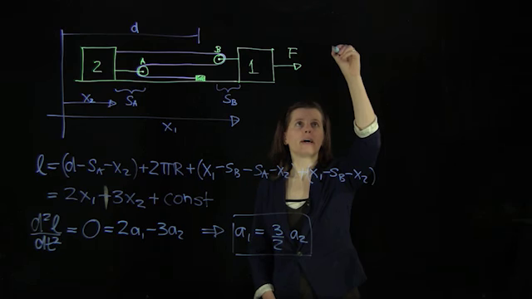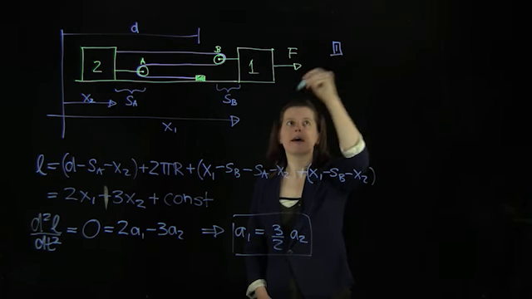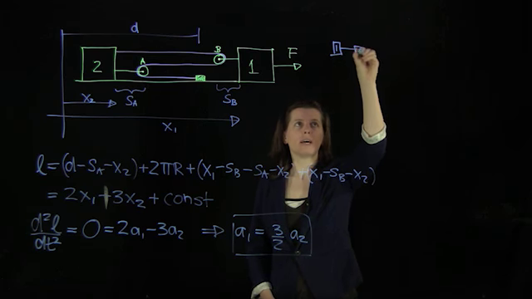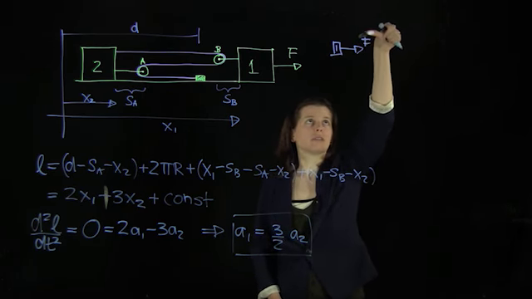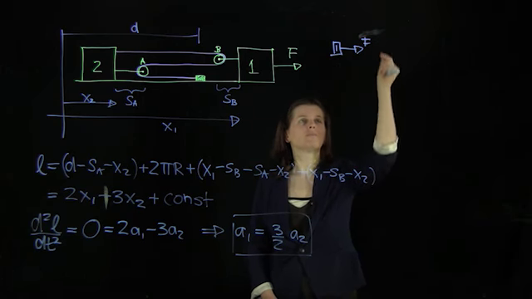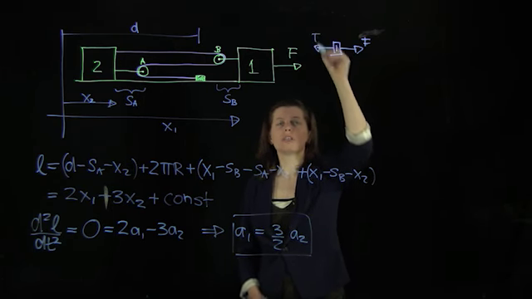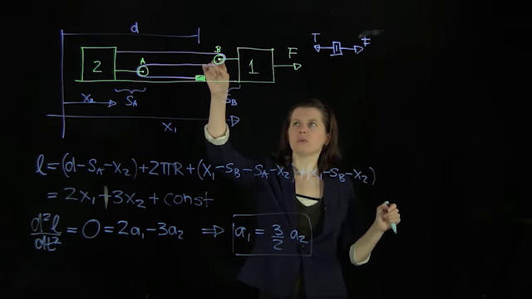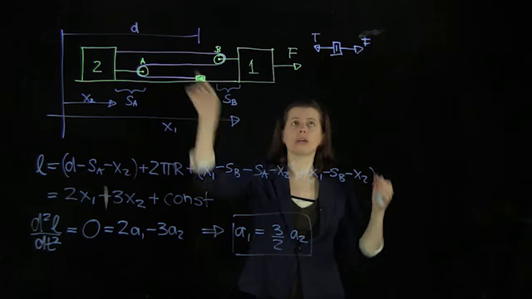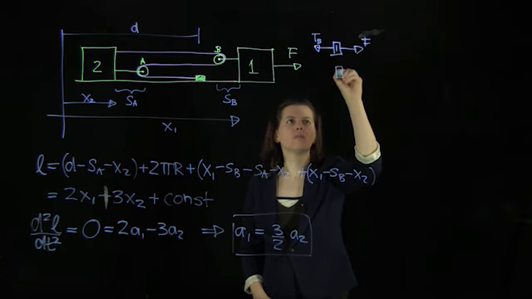Let's start that with object 1. What's acting on object 1? Well, we have F here, or we're just going to write it as magnitude. We have F, and then we have here a tension that goes to the pulley B. That one is different from the tension in the string, so we're going to call this TB. Then we have object 2.